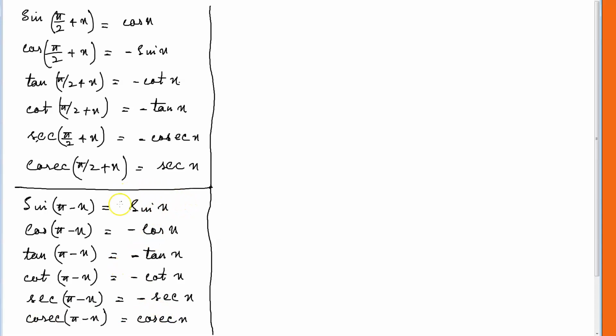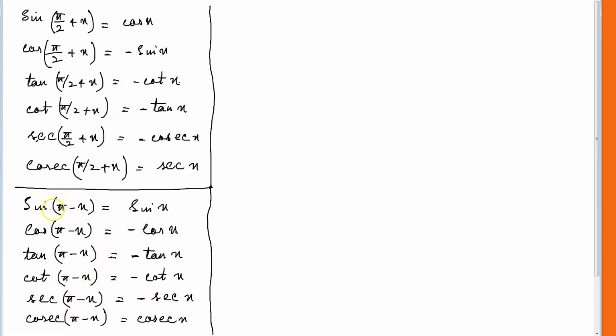In all of these cases, so basically you have sine, negative cos, negative tan, negative cot, negative secant, and cosecant. And again, in all of these cases on the right hand side, you are getting a negative sign, except in the case of sine and cosecant. So that way you can remember them.